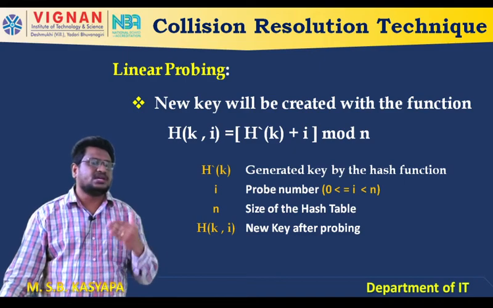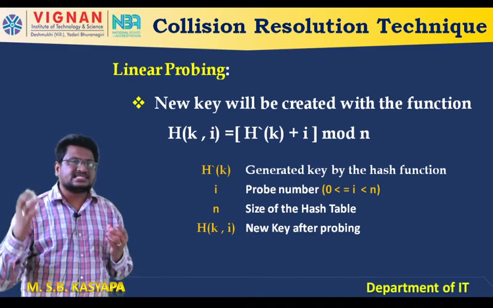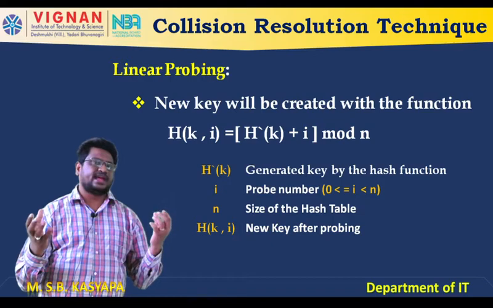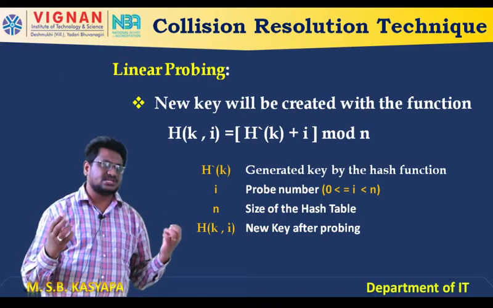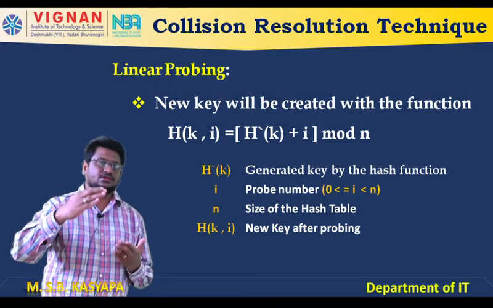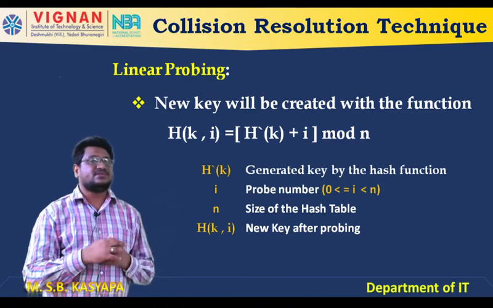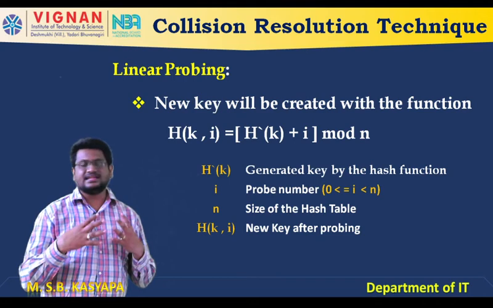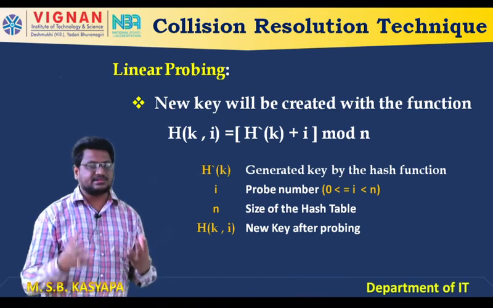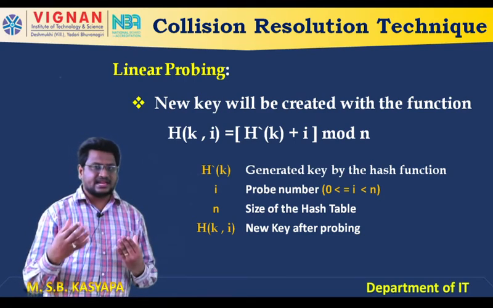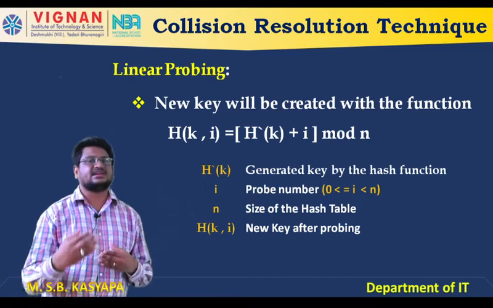It can start from 0 up to n. What is n? n is the size of the hash table. For suppose if I can store 10 values in a hash table, then this 10 is nothing but n.